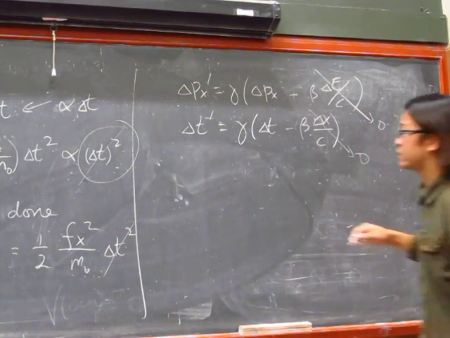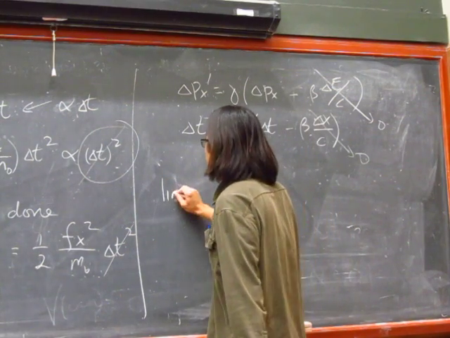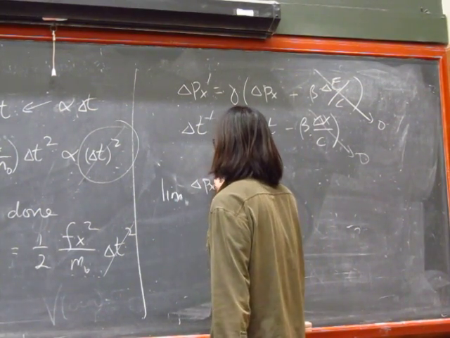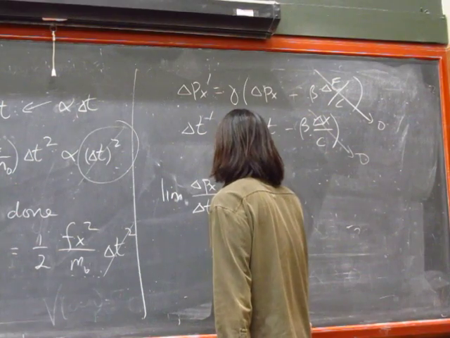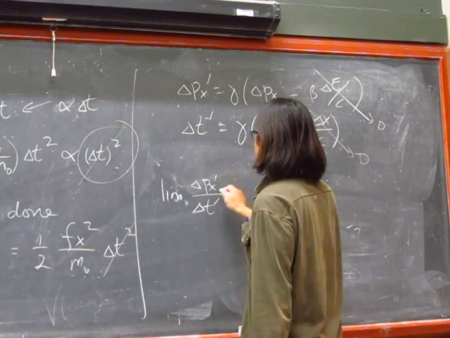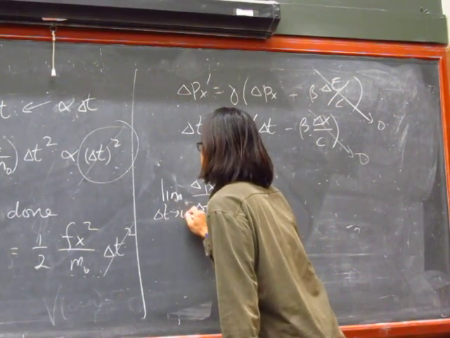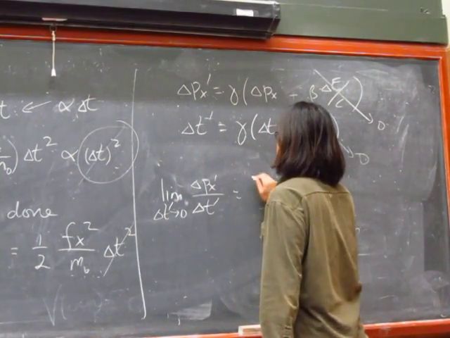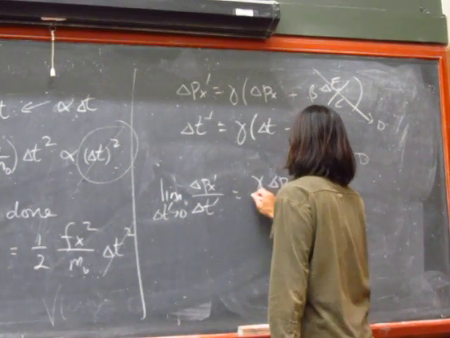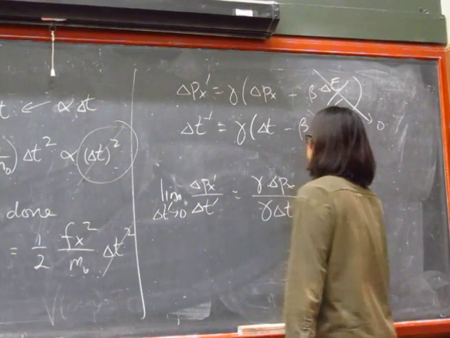Looking at the limit, delta px prime divided by delta t prime is equal to gamma delta px over gamma delta t.